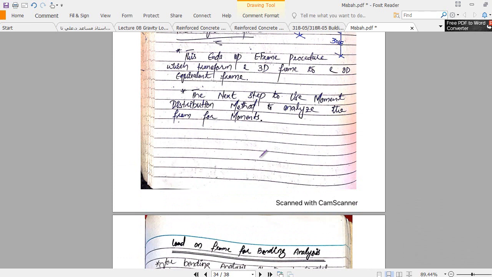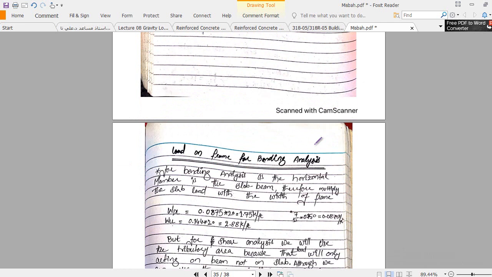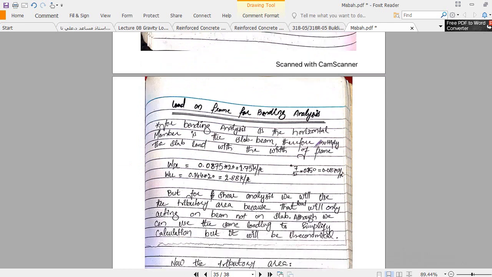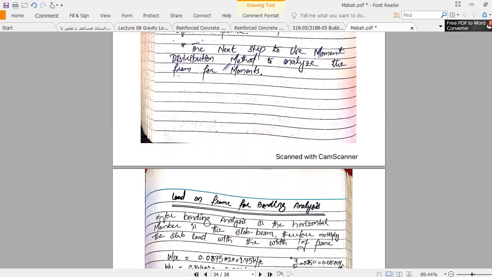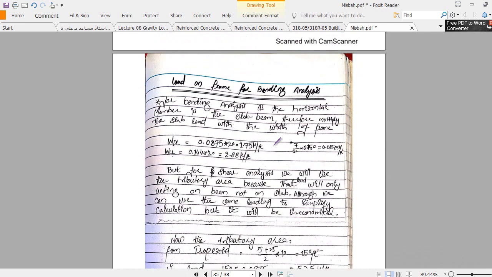But before going towards the moment distribution table, we need some other relevant material which we need to run that distribution table. For that, what we need basically is loads.